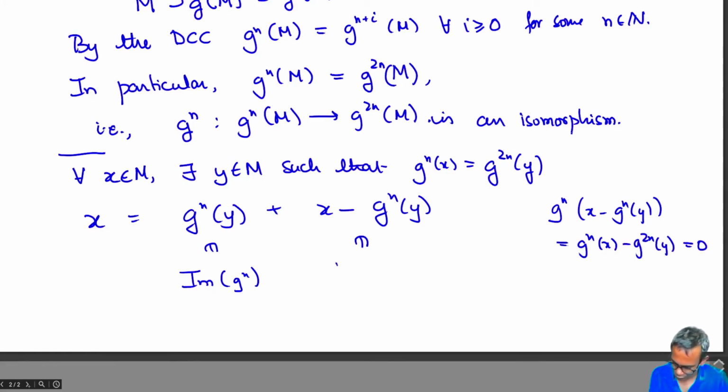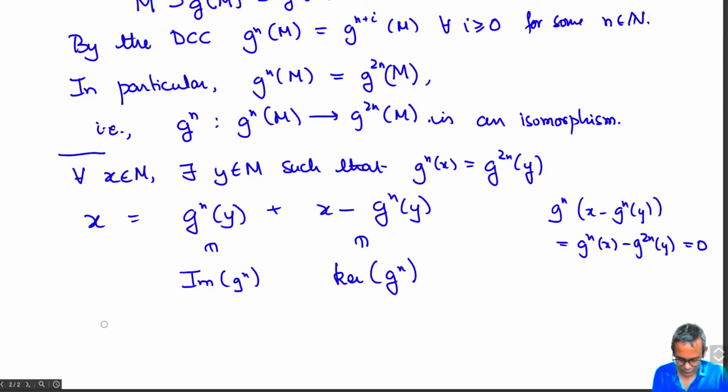So this belongs to the kernel of g^n. So I've written x as a sum of two things, one in the image of g^n and the other in the kernel of g^n. Moreover, g^n, when restricted to g^n M, is an isomorphism, and therefore it has no kernel in g^n M.